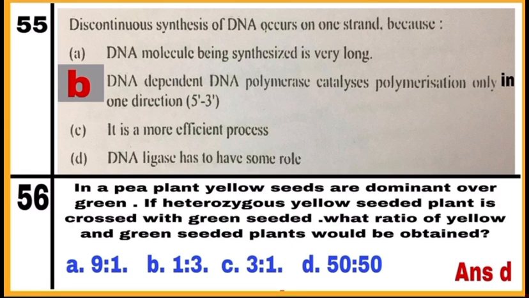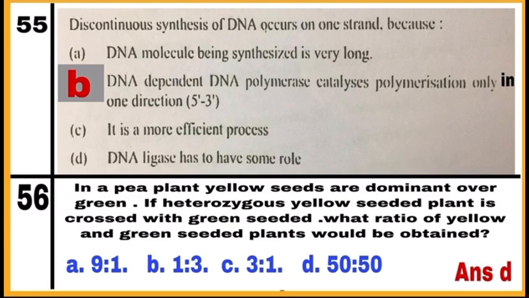Question 56. In pea plants, yellow seeds are dominant over green. If heterozygous yellow seeded plant is crossed with green seeded plant, what ratio of yellow and green seeded plants would be obtained? This is a test cross where the ratio of 1:1 or 50:50 is obtained after the cross.